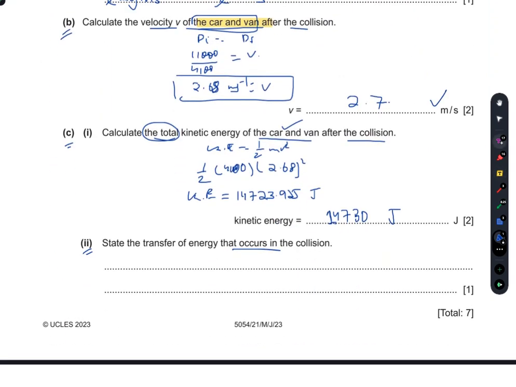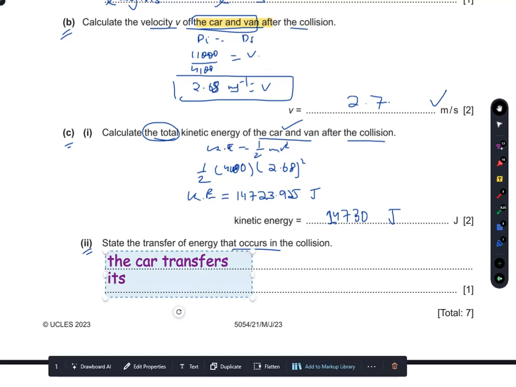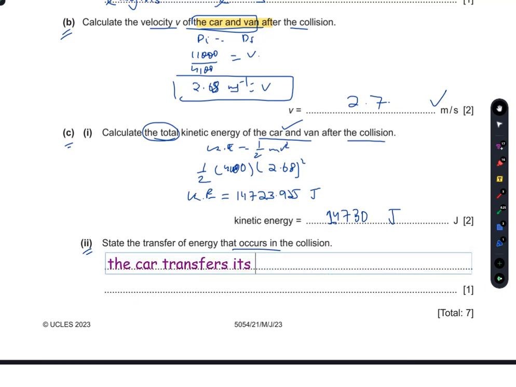So I can write here: the car transfers its energy to the van.